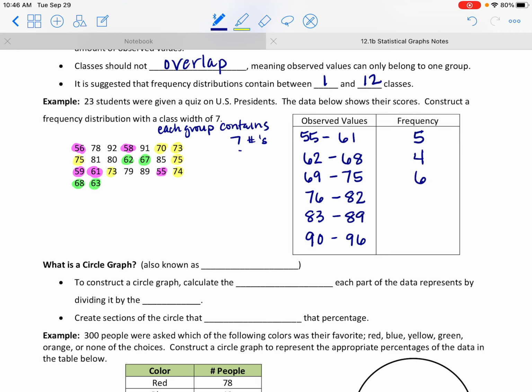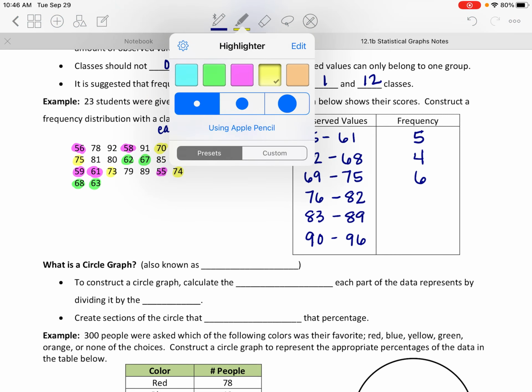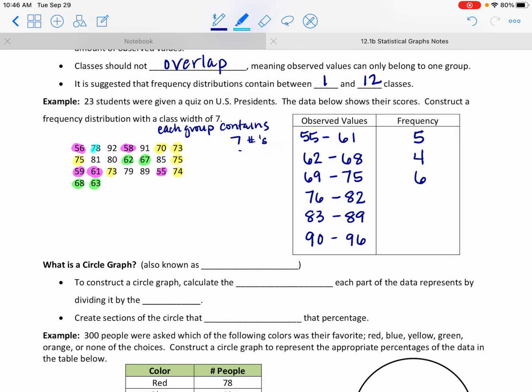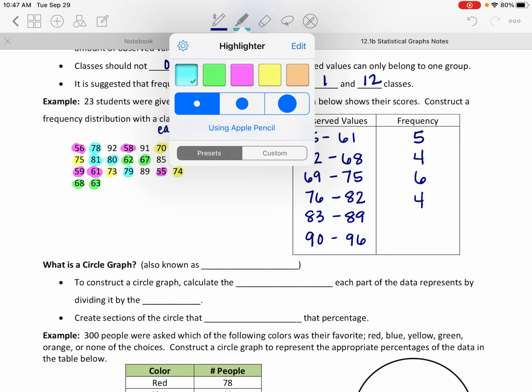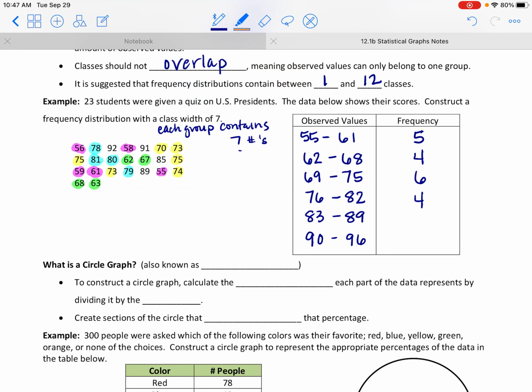How about 76 to 82? Looks like those ones. So that's a total of 4 that I highlighted there. And then 83 to 89. I'm running out of colors here. Ooh, orange. 83 to 89. It's going to include those two.